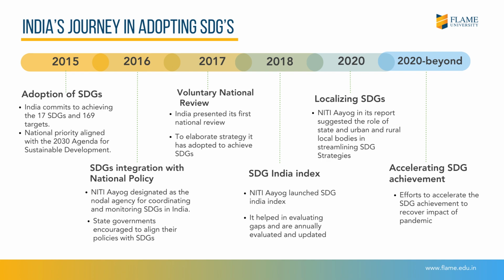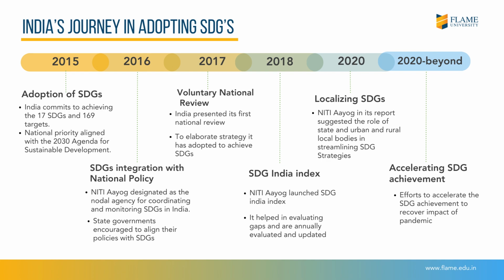India created a national framework to monitor progress on each goal with specific targets for each sector. In 2017, India presented its first Voluntary National Review, that is VNR report, to the UN High-Level Political Forum, showcasing the steps it had taken to adopt and implement SDGs.